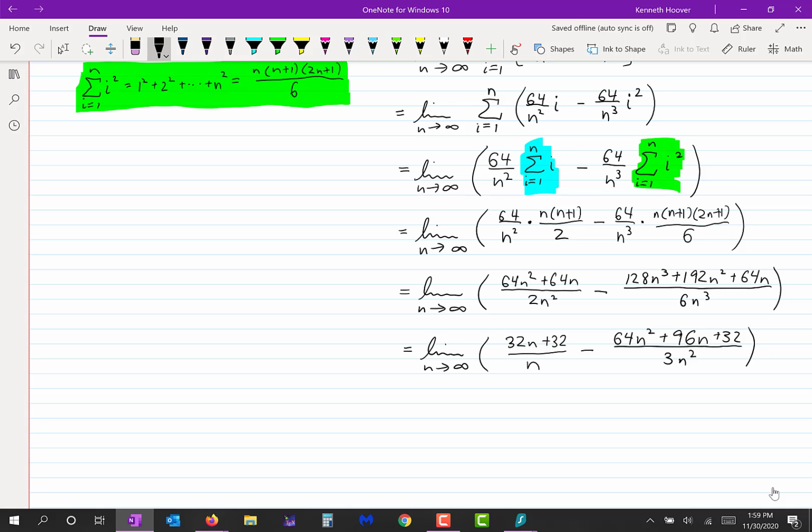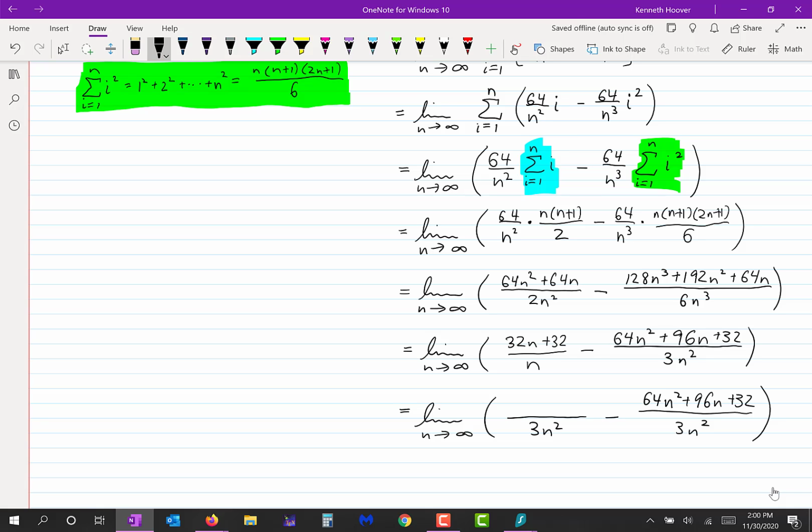Okay, now I would like to do this subtraction right there, so I need a common denominator. So let's rewrite the first fraction so that its denominator will match the second fraction. We do not need to change the second fraction. Okay, so what do I have to multiply by? I need to multiply by 3n, right?